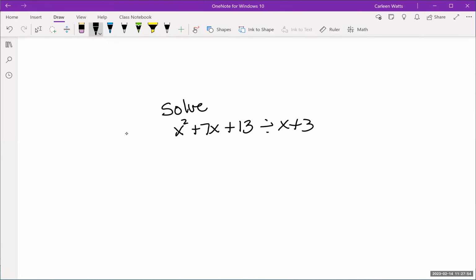Solve using long division. Actually, let's change this to 12. Do you know what the answer is going to be? Okay, long division.